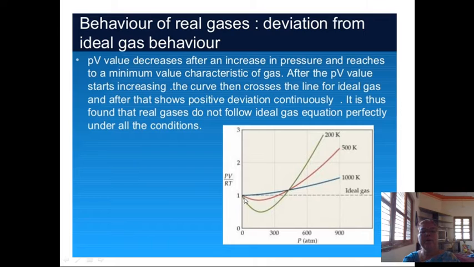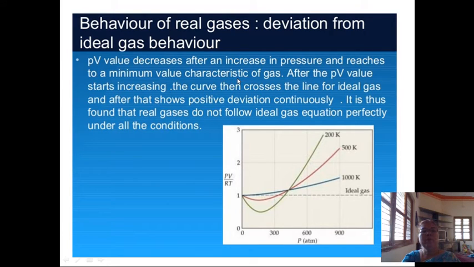That means for real gases, at first this decreases with increase in pressure, reaches to the minimum, and then increases with increase in pressure. Here the deviation of real gas from Boyle's law, that is the PV value decreases after an increase in pressure, reaches to a minimum value.